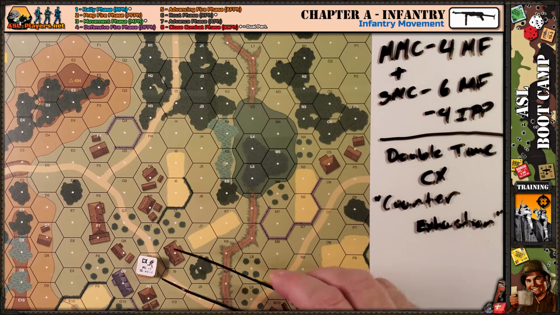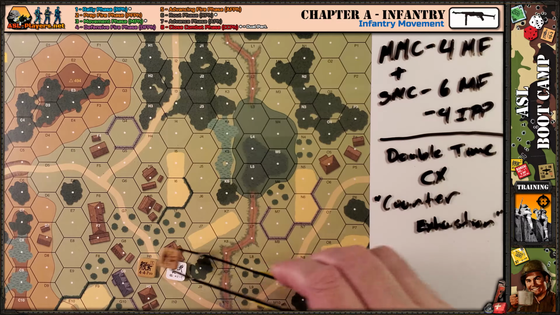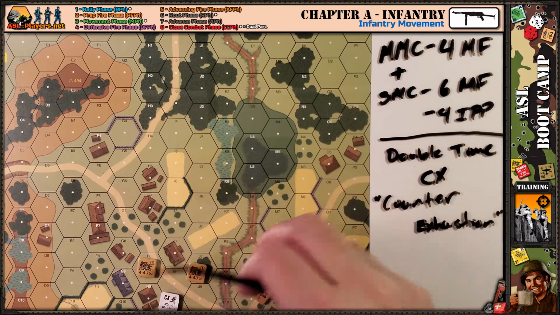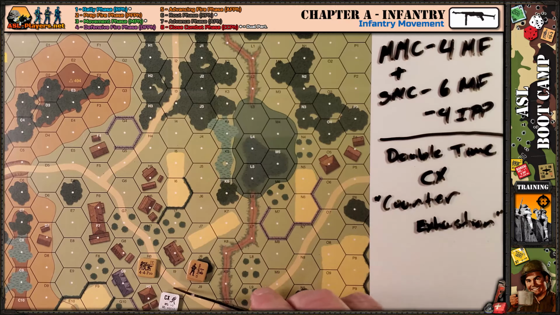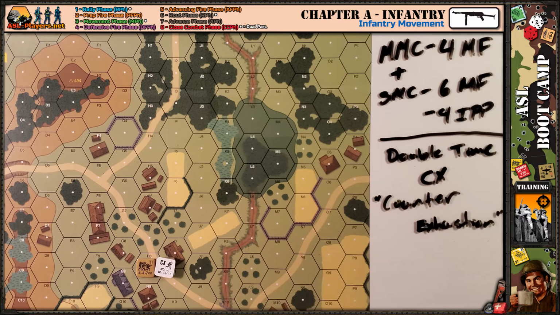And the other thing is if you somehow find yourself in a stack where some of your units are counter exhausted, say these two are stacked here, and you fire, the unit that isn't counter exhausted also gets all the penalties of the counter exhausted unit. It carries over to that.